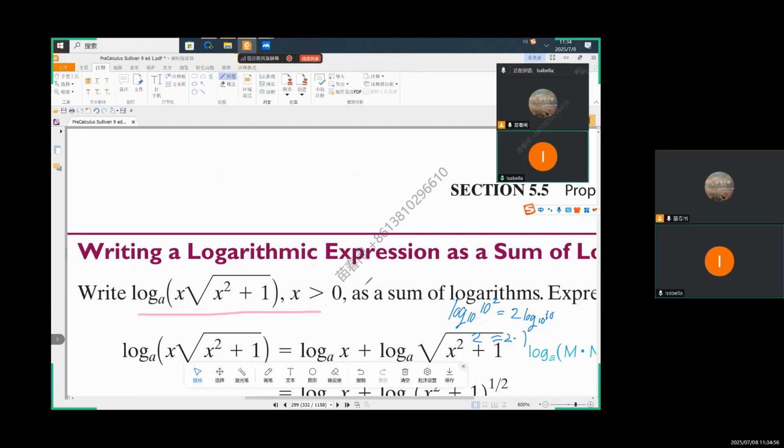Okay, hang on, let me write that. Putting it into action, I guess. There might be more to do here, because this is a square root. I can make it into a 1/2 power, right?